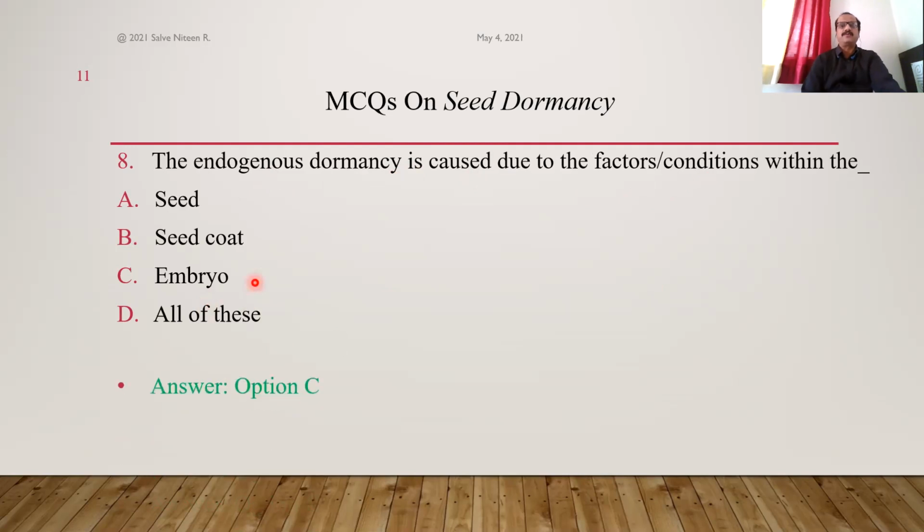And it is of two types. We have seen in that chart, endogenous dormancy, it is also called embryo dormancy, and it may be morphological dormancy because of morphological problems in the embryo development, or it is due to some physiological problems in the embryo development, and accordingly it is called morphological dormancy and physiological dormancy.